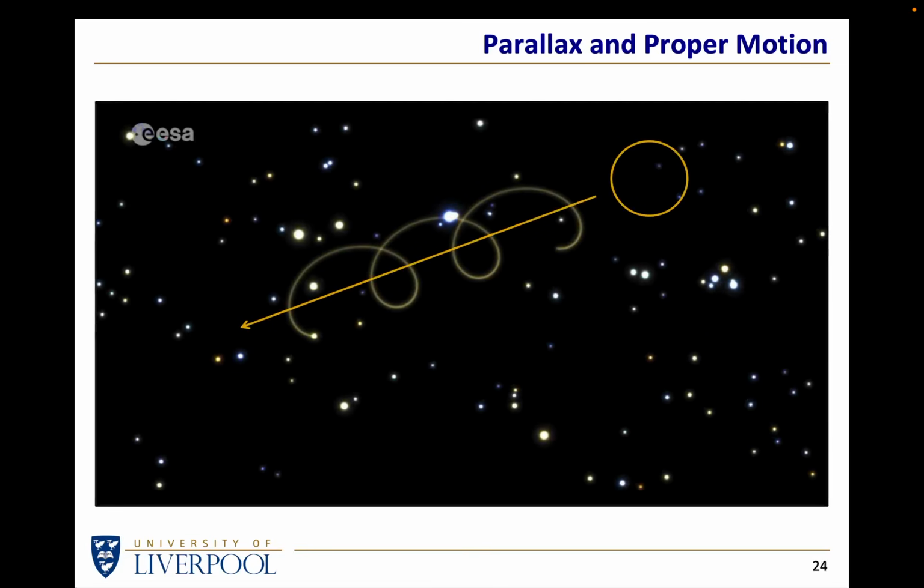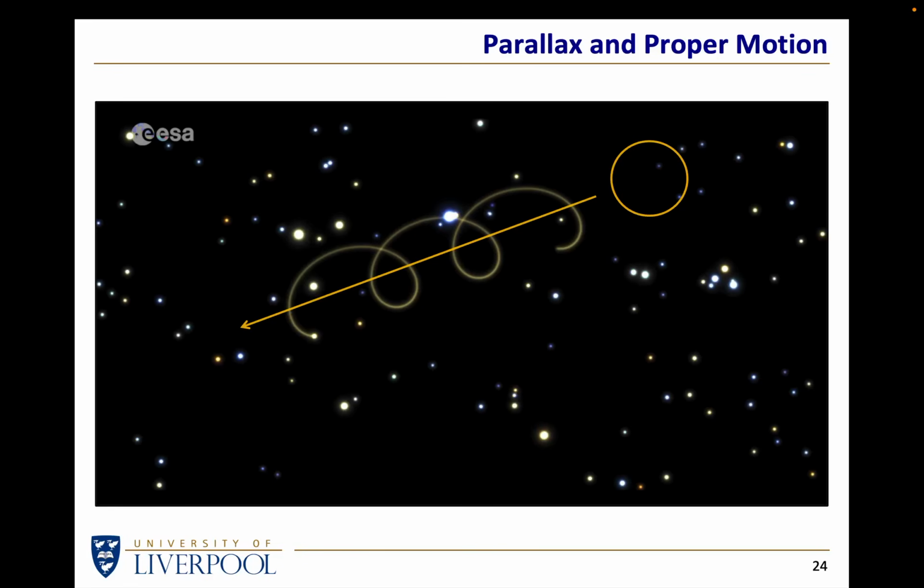Strictly speaking, they're moving around the center of the Milky Way, but over a few years they are effectively moving in straight lines through the sky. So what we actually see for the motion of stars is circular motion superposed on linear motion, so effectively all the stars in the sky will be corkscrewing very slowly.